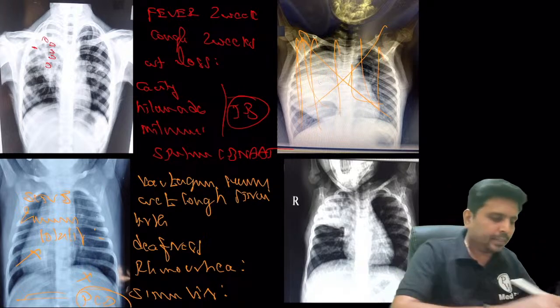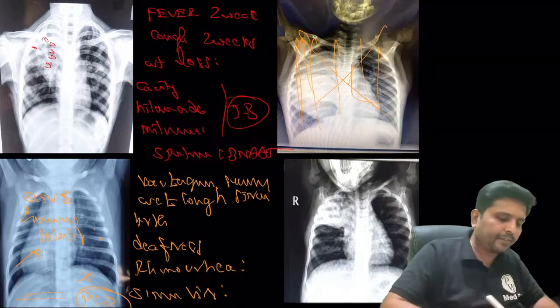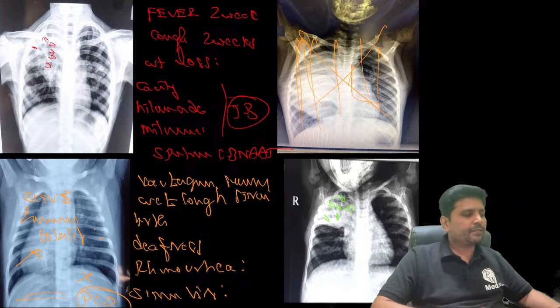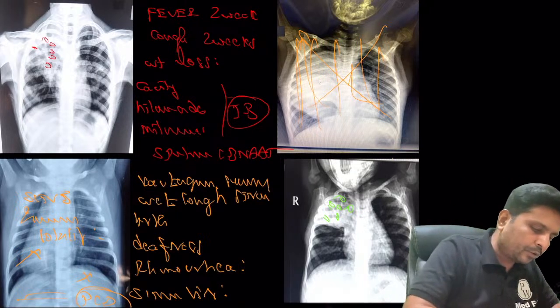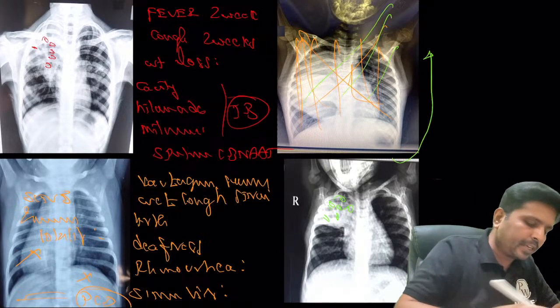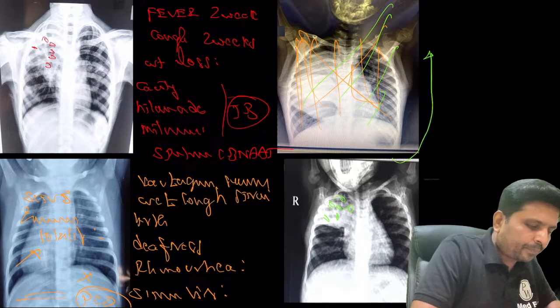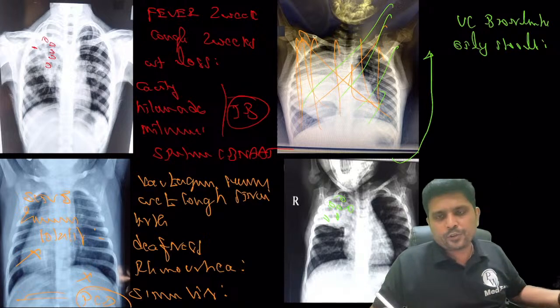Okay, right. And the last, what is this child suffering from? Upper lobe bronchiectasis. So when a child is having upper lobe bronchiectasis with oily stools, what is the diagnosis?